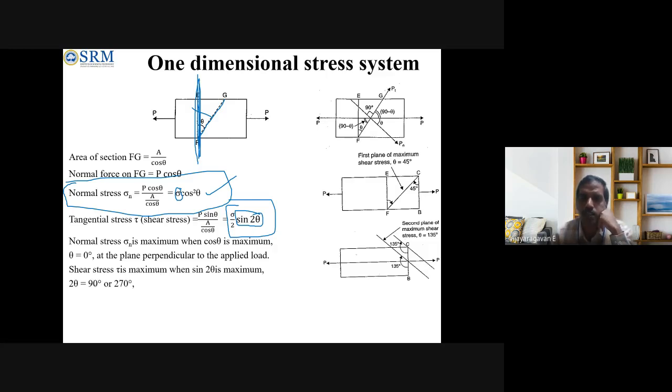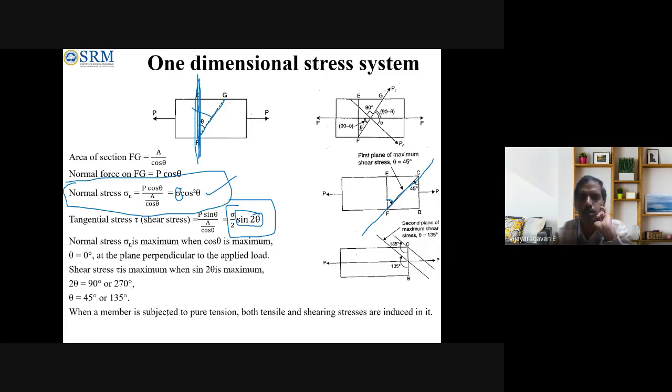So 2 theta is equal to 90 or 270, and from this theta will be 45 or 135. So when the plane is inclined at 45 degrees or 135 degrees, you will get maximum shear stress. You can see in this figure, this is inclined at 45 degrees to the vertical plane, and this is inclined at 135 degrees. In these two planes, we will have our maximum shear stress.